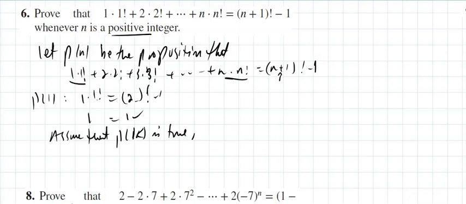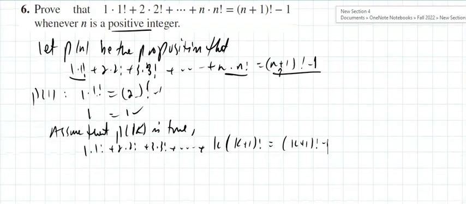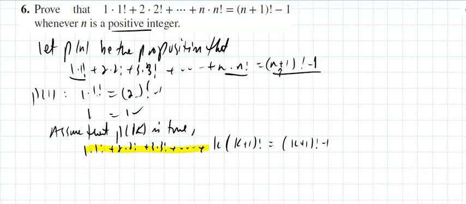What that means, assume that 1 times 1 factorial plus 2 times 2 factorial plus 3 times 3 factorial plus k times k factorial equals, and if I put a k there, that's k plus 1 factorial minus 1. That's my assumption.